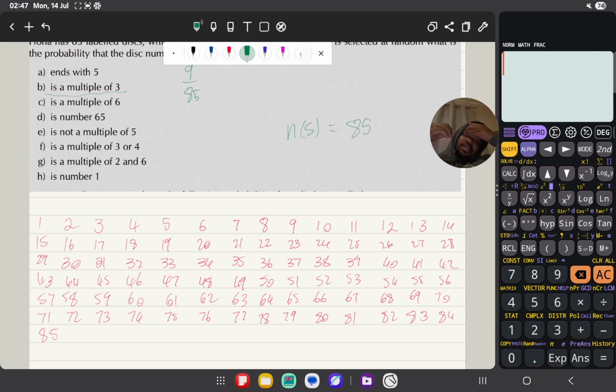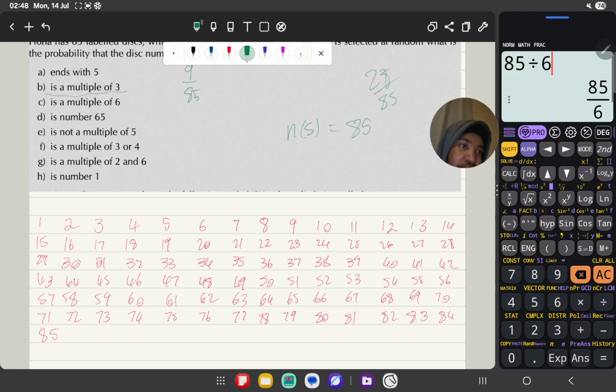If you count up until 60, you have 20 numbers. Let me see, 85 divided by 3. It's 28, therefore there are 28 numbers, right? So the answer is going to be 28 over 85.